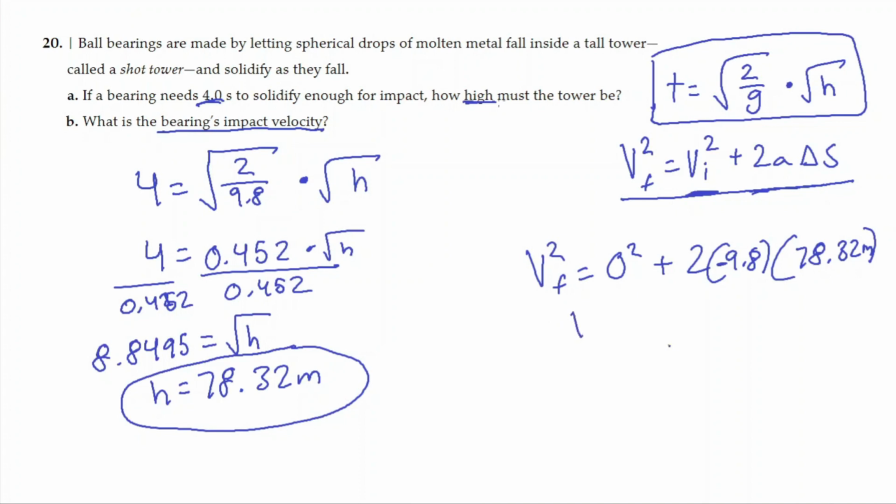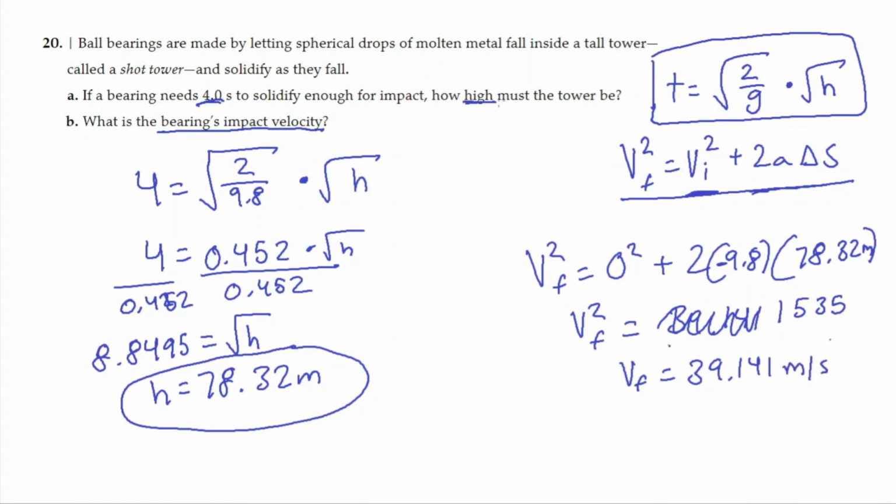Solving, we get V final squared equal to 1,535. Then we square root both sides, which gives 39.141 meters per second.